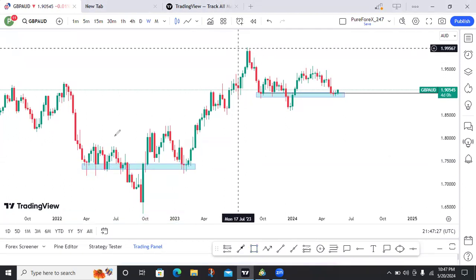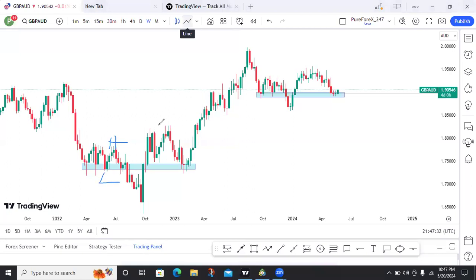This was the high, this was the low, this was the higher high. Then the market came back down to activate the Quasimodo reversal before the market shot up. So this one is not a Quasimodo reversal. This one is a Quasimodo continuation, because it's happening after this trend reversal, right?